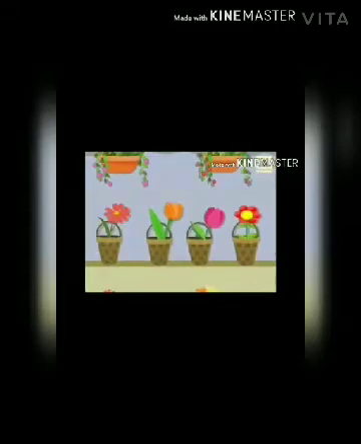Property 3. When 1 is multiplied to any number, the product is always the number itself. Look, there are 4 flower baskets. Here, each basket contains 1 flower in it. How many flowers are there altogether? Here, there are 4 baskets and 1 flower in each.